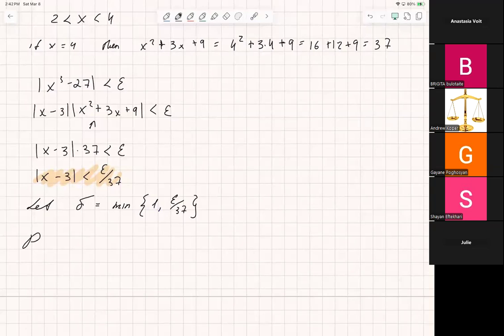And now you can start the proof. Given epsilon greater than 0, let delta be the minimum of 1 and epsilon over 37.